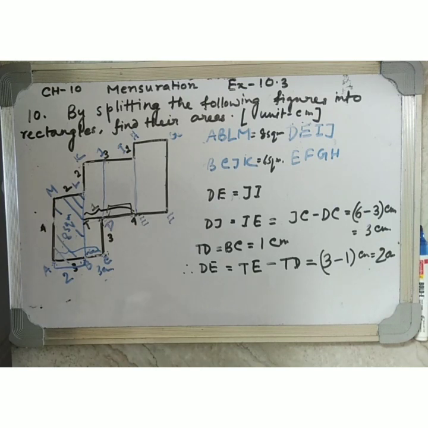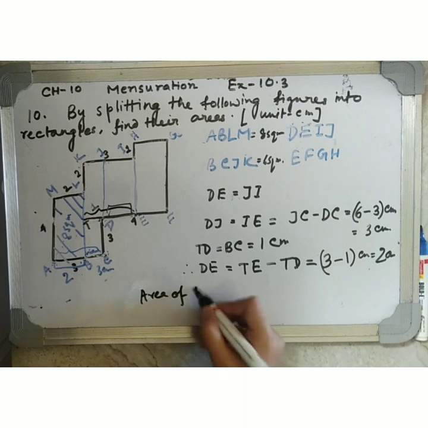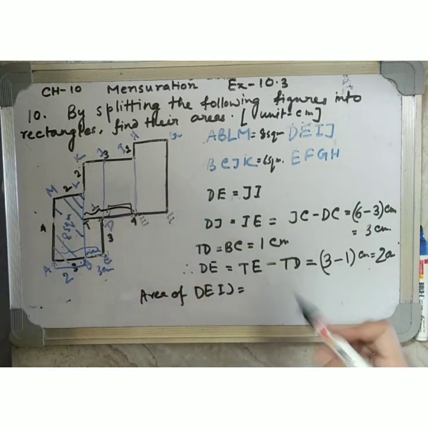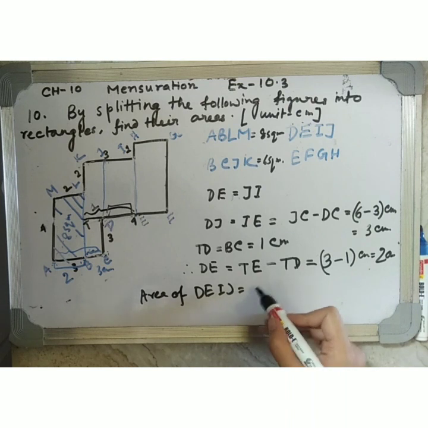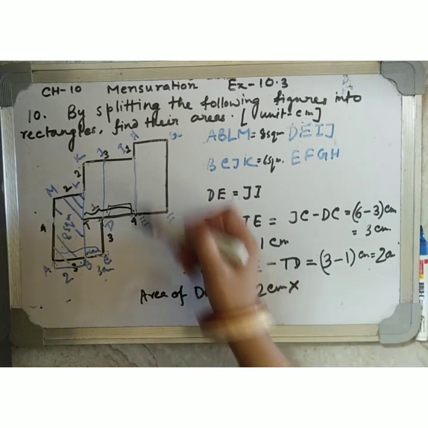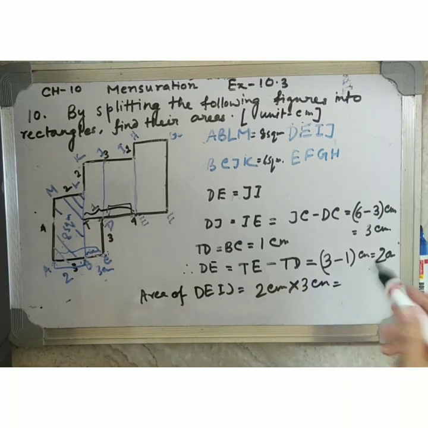Now how to find DEIJ, how to find its area? Area of DEIJ will be equal to DE into IE, 2 centimeter into 3 centimeter, or 3 centimeter into 2 centimeter, you can also write it.